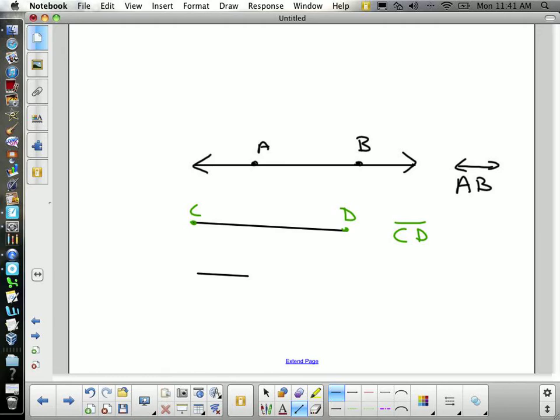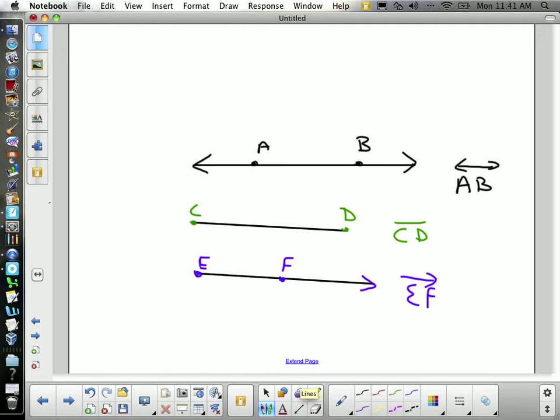C was this, one arrow, point E and F, ray EF, with the ray symbol. And the ray symbol always goes to the right regardless of the direction of the ray itself. Yes? There's only 2 points, so it wouldn't be opposite rays. You'd have to have a third point in the center here to have two rays opposite.